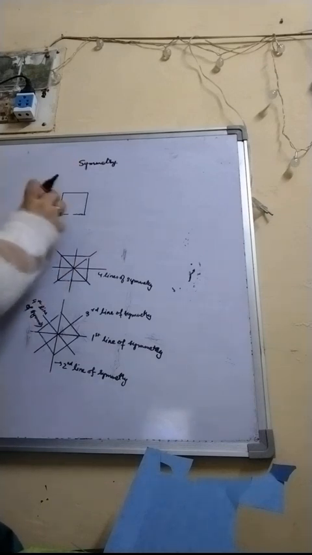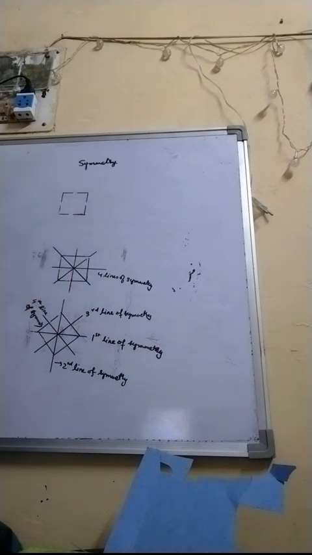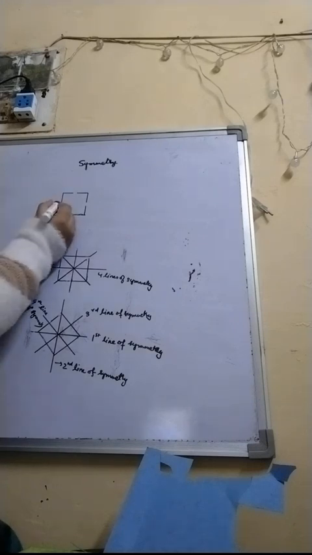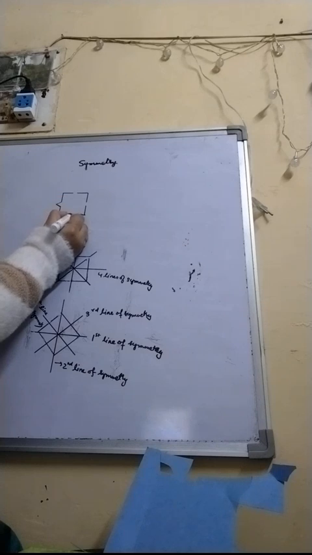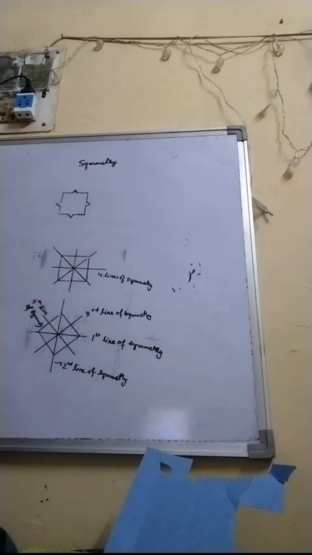Now the difference between the figure is that in between you have symmetrical two sides like this. So this is our figure, part B, question number 6.